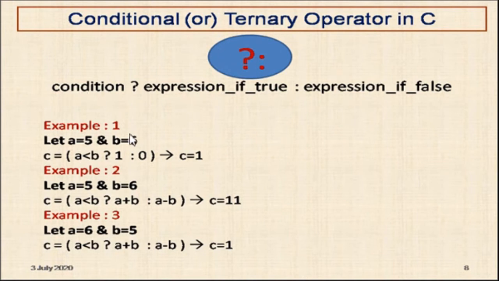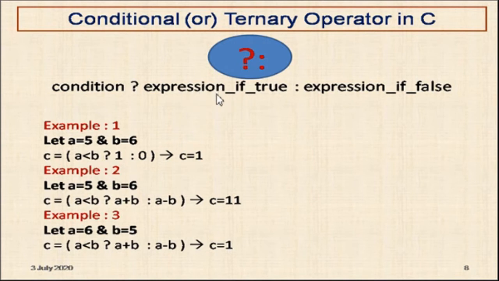So let us look at the example. Example 1, a is equal to 5, b is equal to 6. You see here c is equal to a less than b question mark 1 colon 0. So the first one is the condition. If the condition is satisfied, this conditional operator will assign operand 2, that is the expression if true.